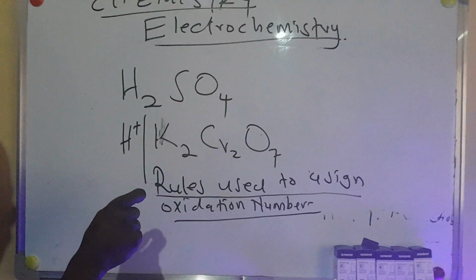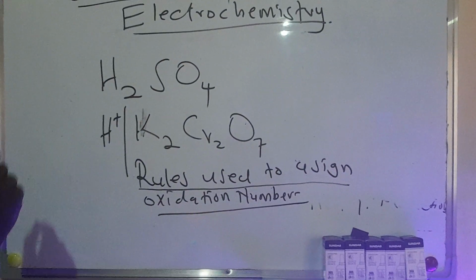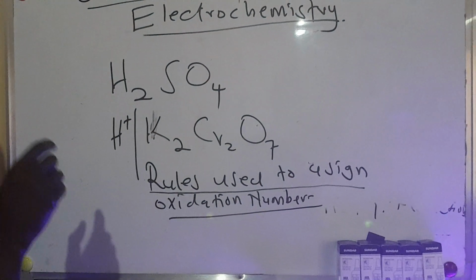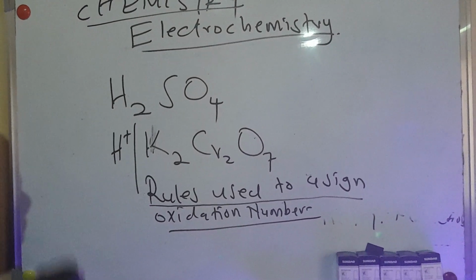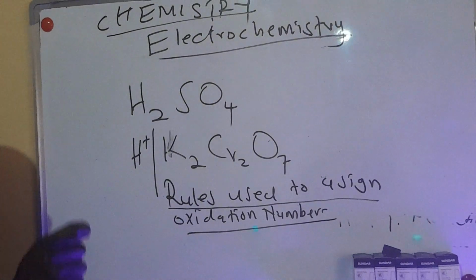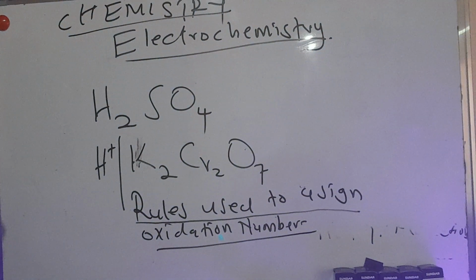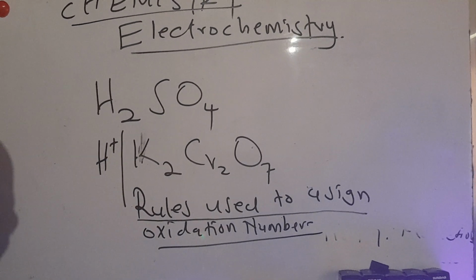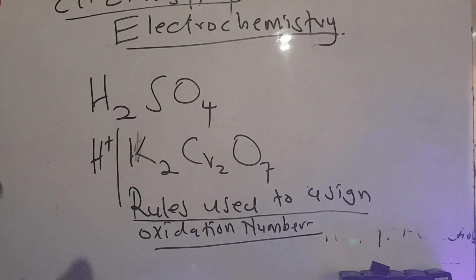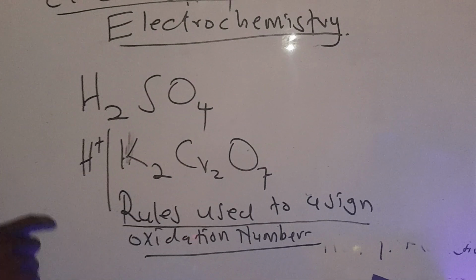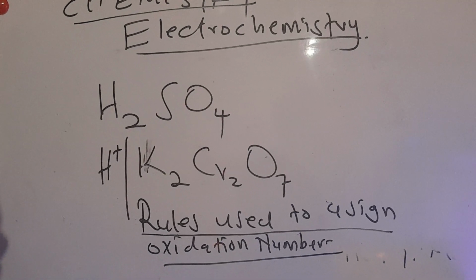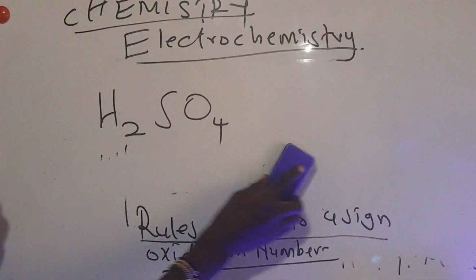That is whereby we have more than 10 rules used to assign oxidation numbers to compounds. From there, we shall know why it is called nitric 5 acid. That 5 must be calculated using the rules that we shall have in our next session.